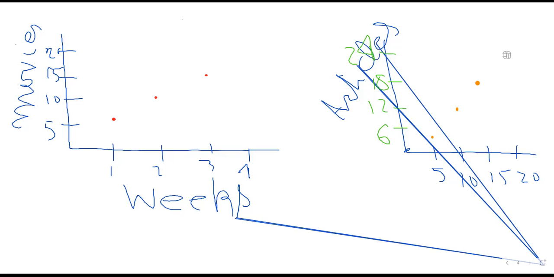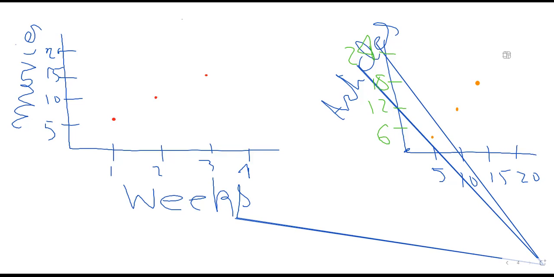Graph 1 shows the relationship between the time elapsed and the number of movies watched. Graph 2 shows the relationship between the number of movies watched and the number of articles written. According to this data, how many articles did she write in the first 3 weeks of this month?